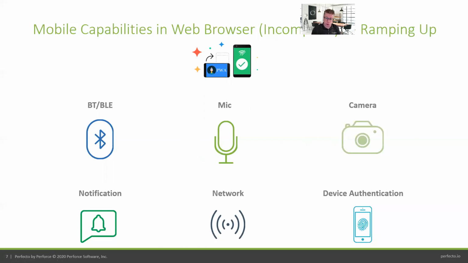Things such as push notifications, access to the microphone, to the camera, offline caching. These are mobile native capabilities that are starting to flow into the web technology, either through Flutter applications or progressive web applications or other application clips, which are a shortcut of the previously mentioned technologies.